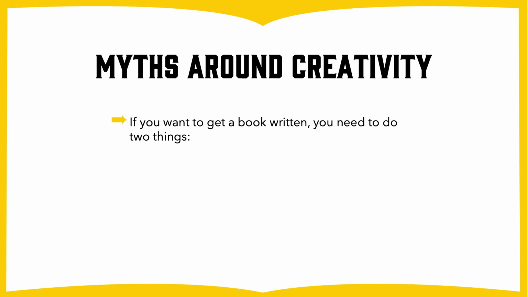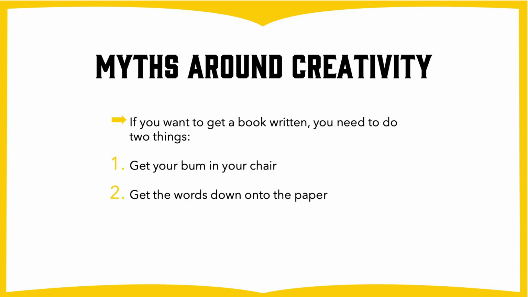So there are two truths about writing: that if you want to get a book written, you need to do two things. You need to get your bum in your chair for as much time as you've got allotted on any given day, and you need to get the words down onto the paper or onto the digital screen these days, as that's what we're usually doing.